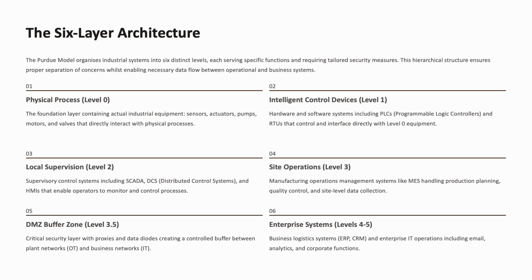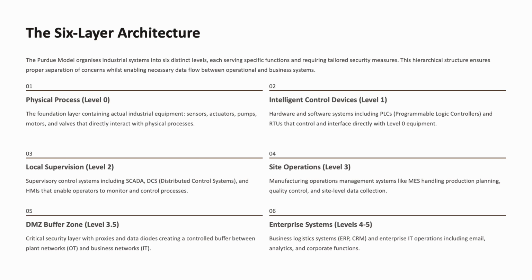Level 3.5, the DMZ buffer zone. Unique to security focused architecture, this critical layer sits between plant networks and business networks. It uses proxies and data diodes to limit and filter communication, forming a strict barrier that protects operational technology from IT based threats. Levels 4 and 5 are the enterprise systems. Finally, the topmost layer represents business logistics and enterprise IT systems, including ERP, CRMs, analytics, email, and all corporate IT functions.